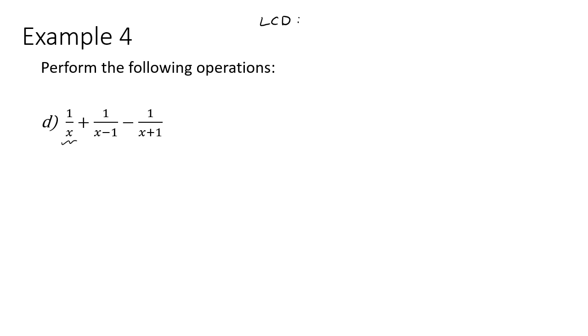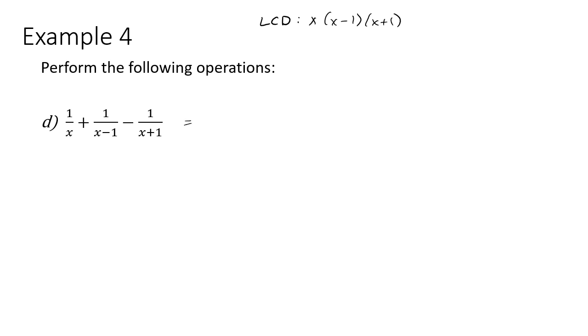So we're going to go ahead and start collecting all of the unique factors. From the first fraction, we've got an x. From the second, we've got an x minus 1. And from the third, we've got an x plus 1. And that's it. Our least common denominator is basically all 3 of the denominators together, multiplied.